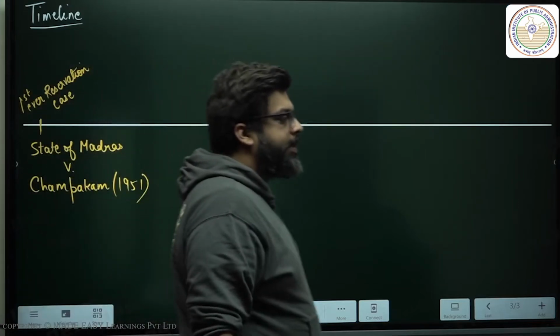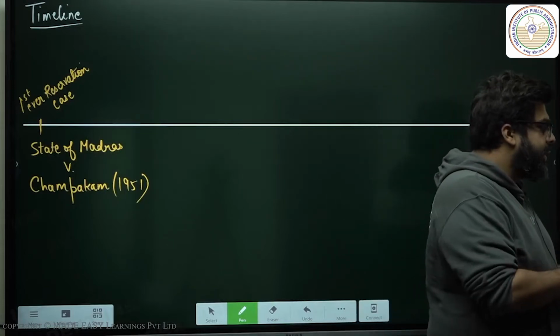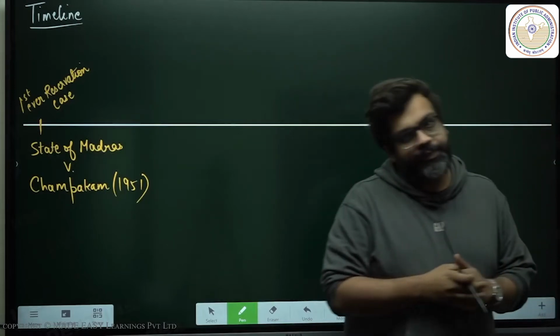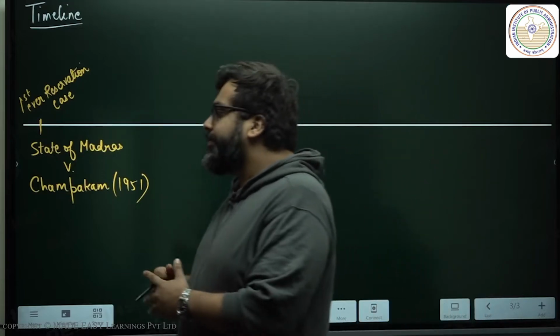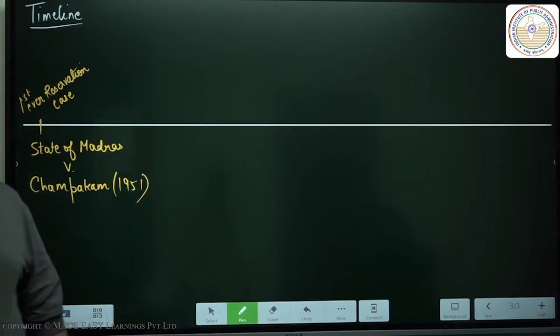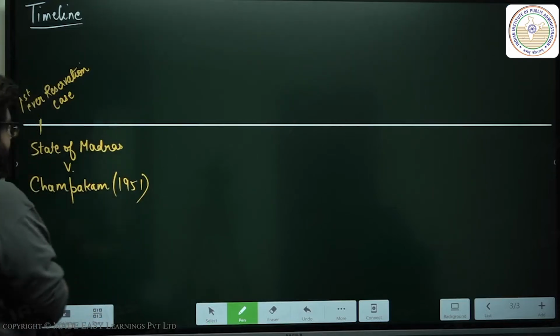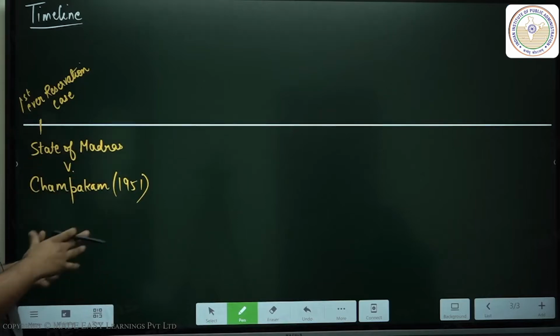In the 1950s, we did not have a proper national reservation policy. Now, I'll walk you through the facts of this case so that you understand exactly what we are referring to.